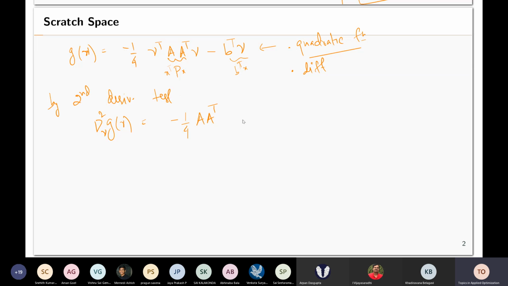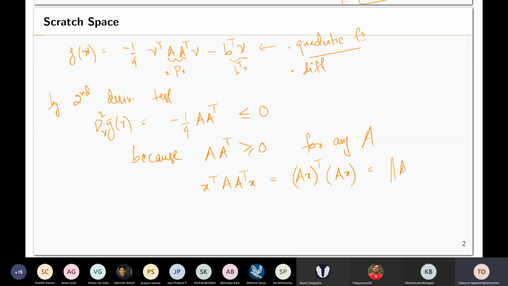It is true because this is less than or equal to 0, because A A transpose is always positive semidefinite for any A. Because I do X transpose A A transpose X. Now I can write this as A transpose X transpose times A transpose X, which is the squared norm of A transpose X, and the norm is greater than or equal to 0, always. So this is true for all X.